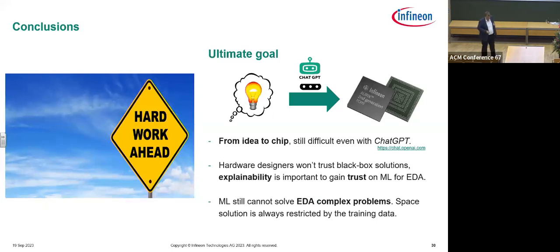At least my stomach feeling is that this was a bit of advertisement, a bit provocative. As you have seen in our examples, we have to distinguish between the kinds of designs we are estimating to get acceptable results. And to have a tool which makes us an optimized RISC-V just by applying ChatGPT technology, I would say it's a far way to go.